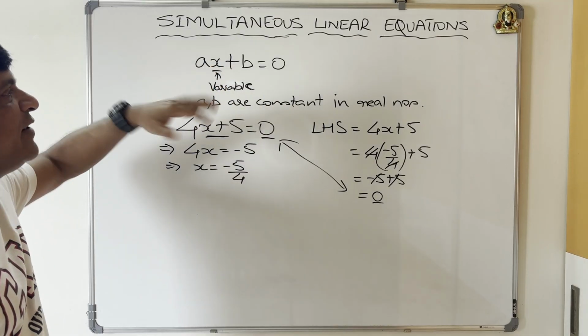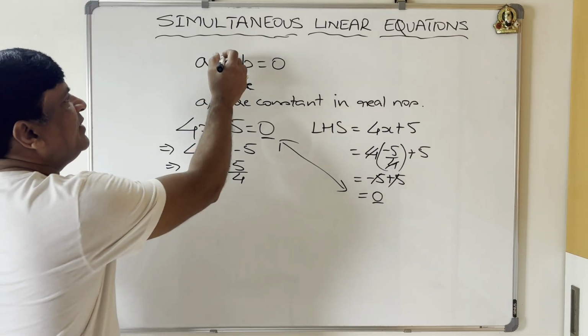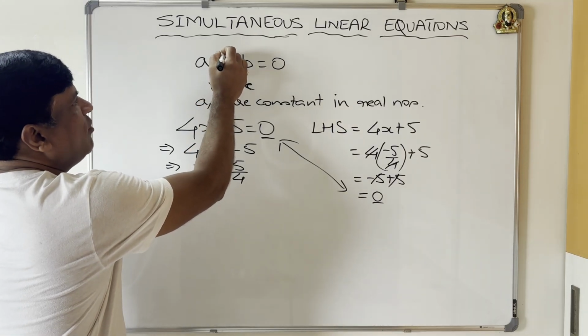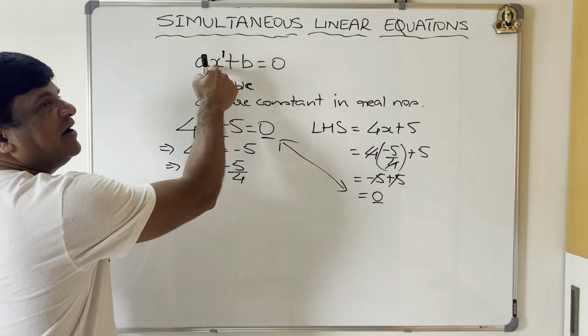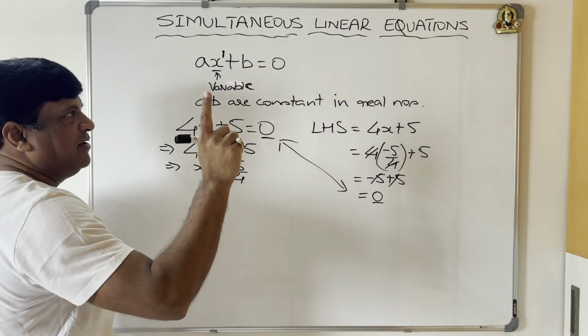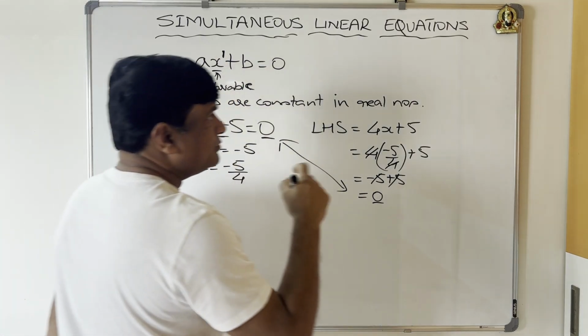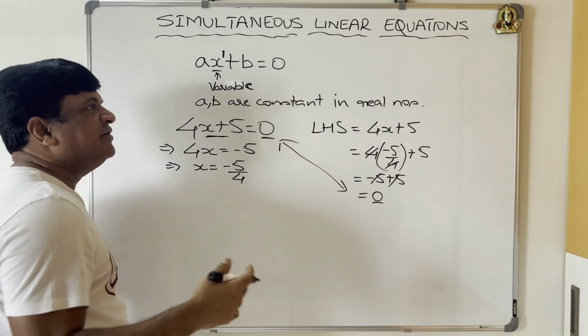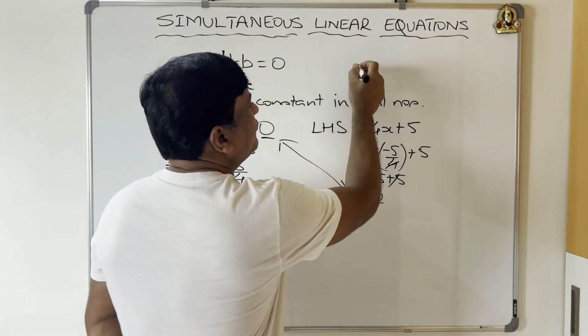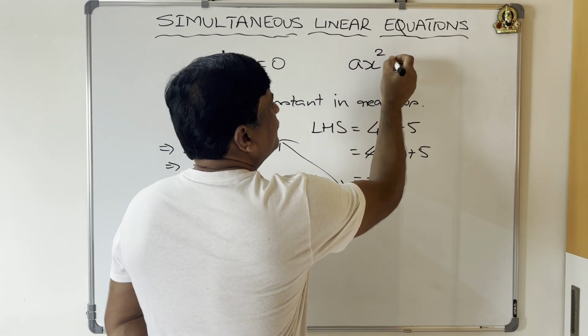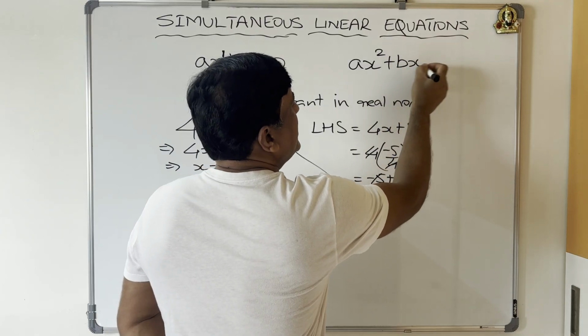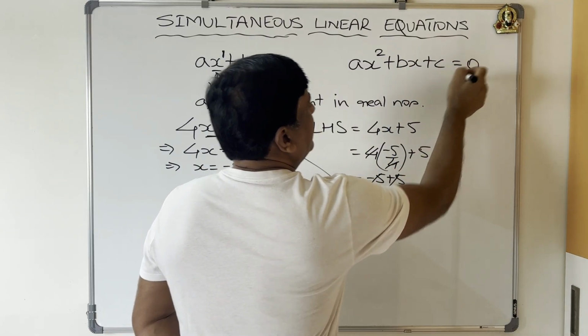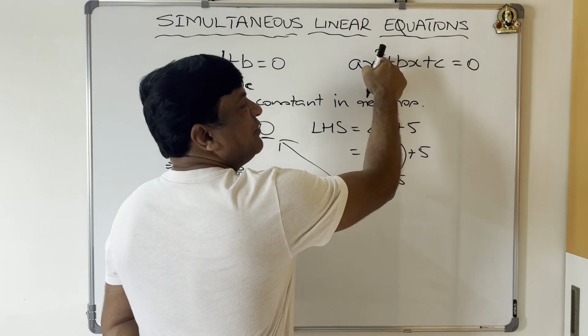Why do we call them linear equations? Because the degree, the power of that variable, is 1. Remember that. Going forward in further chapters, you will have equations of this sort: ax squared plus bx plus c. If you look at it, the degree of this equation is 2.